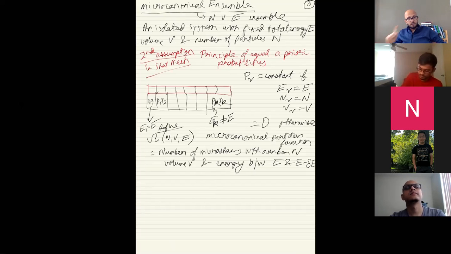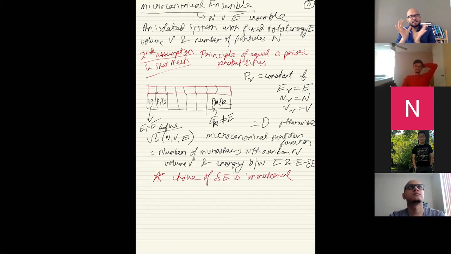It, however, turns out, and this is quite beautiful, and we'll be proving it in the next class, that the precise choice of delta E is immaterial. This is really, really nice. And this boils down to the fact that as you increase the dimensionality of space and you look at spheres in higher dimensional space, most of the volume of a sphere lies in its shell, in its surface.